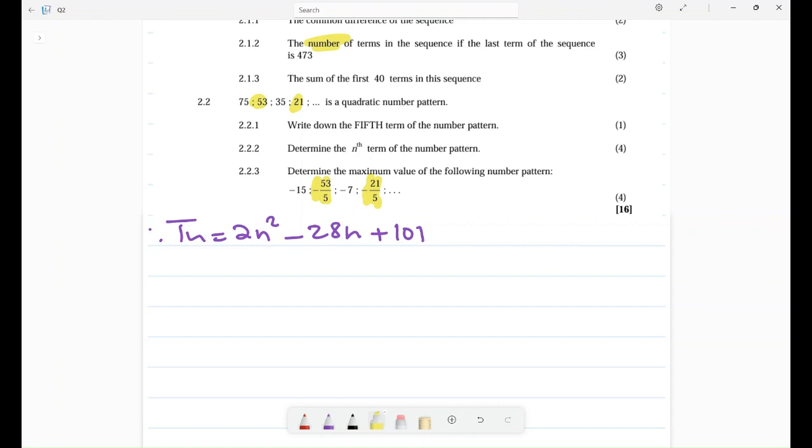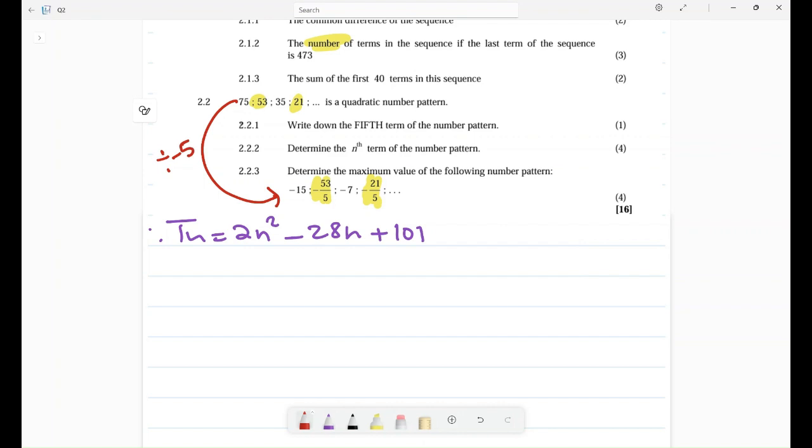I wasn't so sure why the examiner did this, because 53 is here but divided by negative 5, and 21 is here but also divided by negative 5. So I was like, let me see if the pattern is true now. I can see here they divided by negative 5.